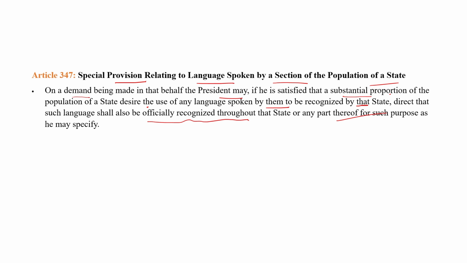It means if the proposal is made on behalf of the president, and if the president is satisfied that this language is really spoken by the particular local population, then this language can also be declared as the recognized official language of that particular state, or a specific part of the state.